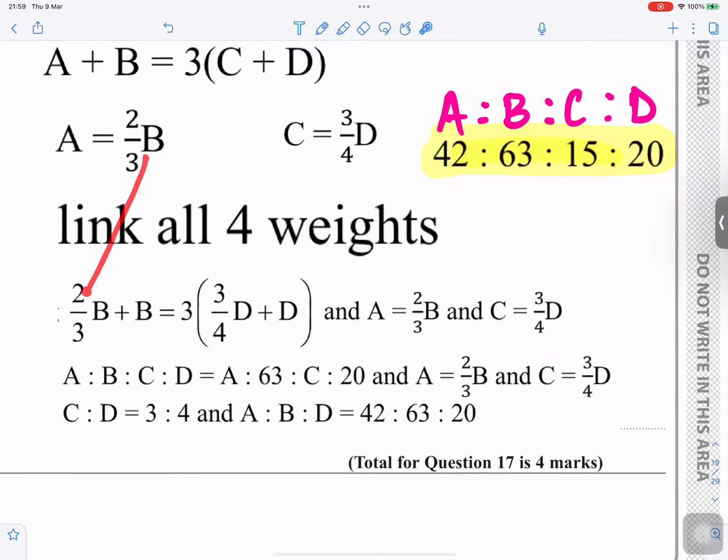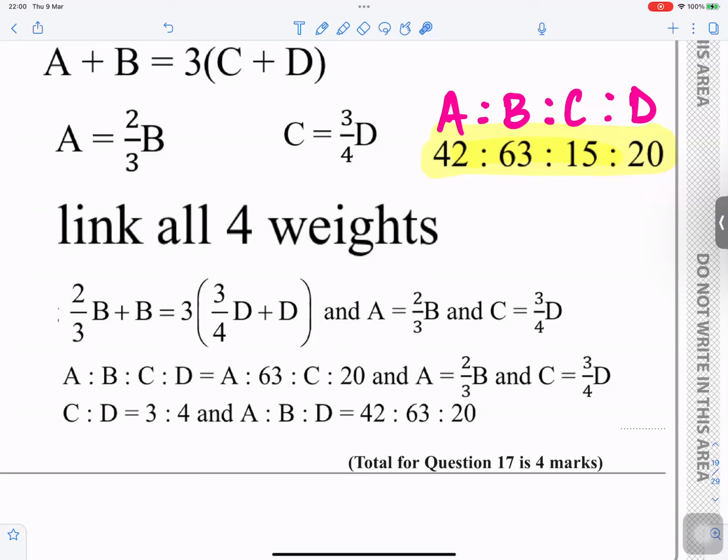So we replace A with 2/3B plus B is equal to 3, and we replace C with 3/4D plus D, because we know A is 2/3B and C is 3/4D. So the ratio A is to B is to C is to D. So it will be A is to 63 is to C is to 20.